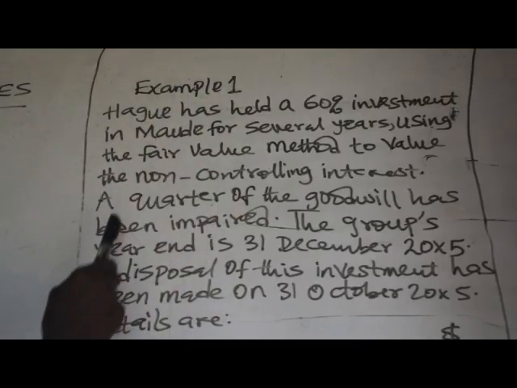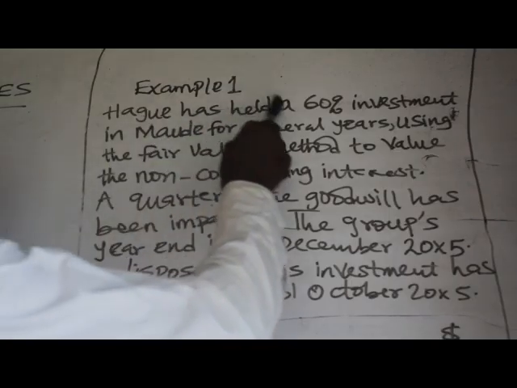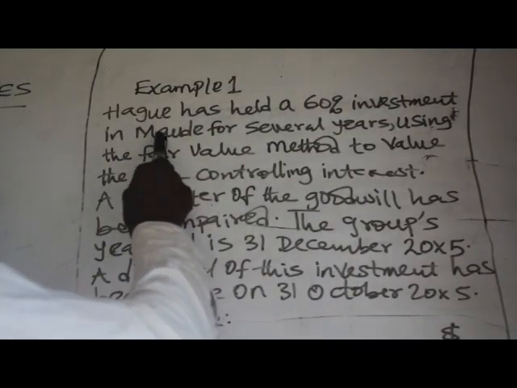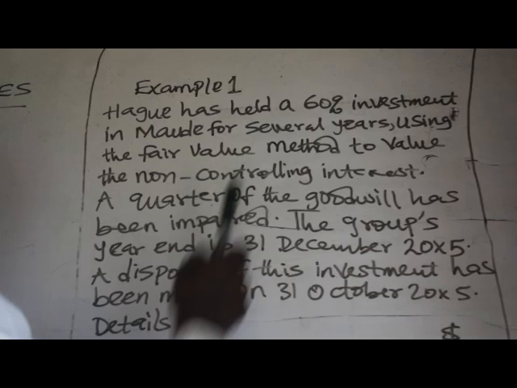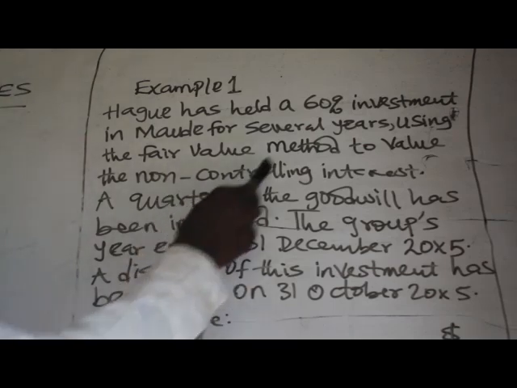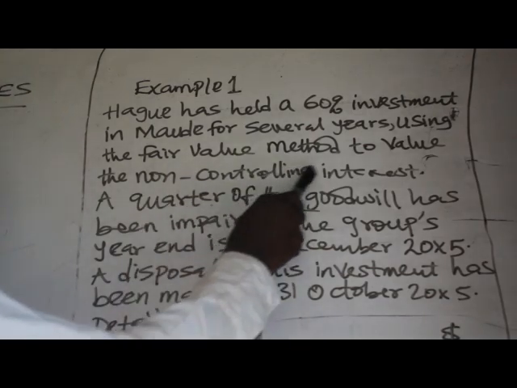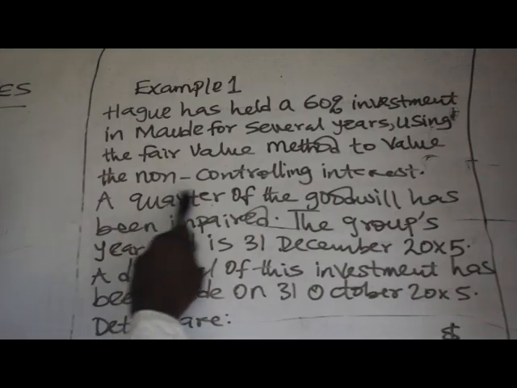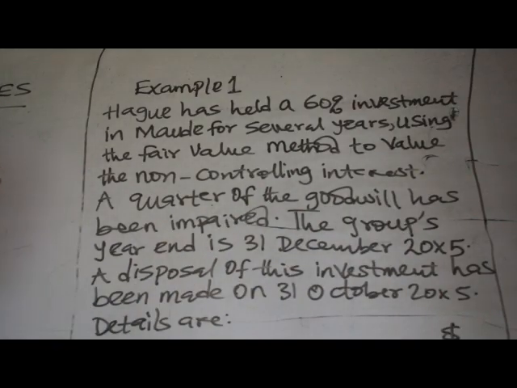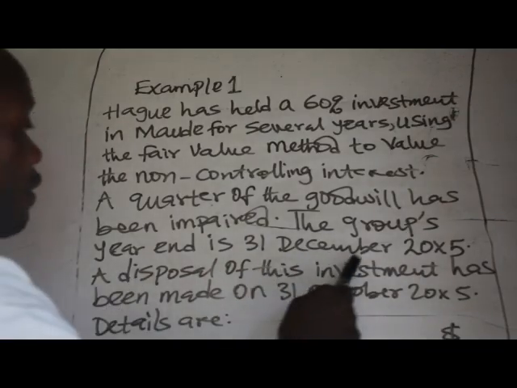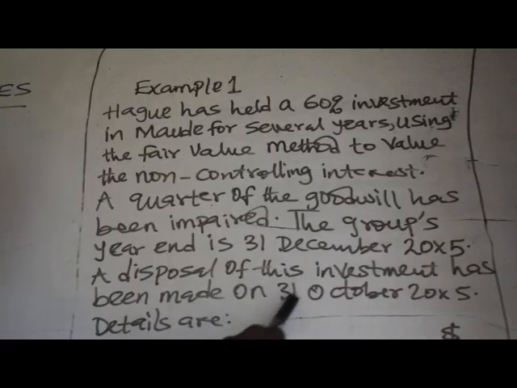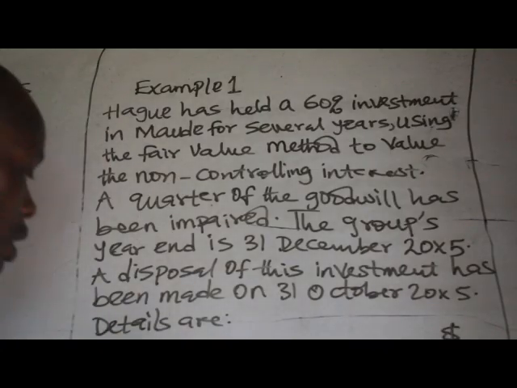Example 1. ACCA has had a 60% investment in Mailed for several years, using the fair value method to value the non-controlling interest. A quarter of the goodwill has been impaired. The group's year end is 31st December 20x5. A disposal of this investment has been made on 31st October 20x5. Details are: cost of investment $6,000.